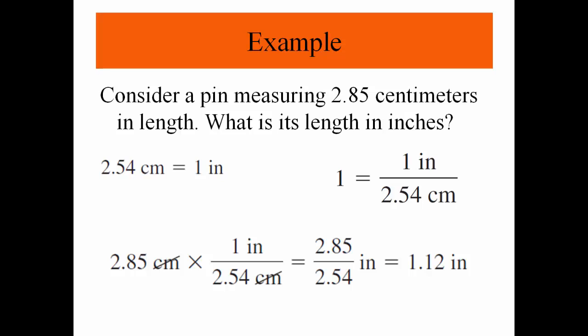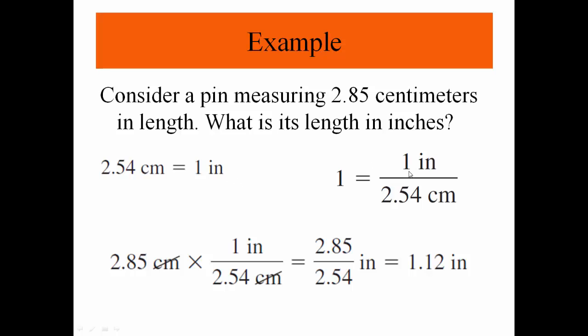Let's have this example. Consider a pin measuring 2.85 centimeters in length. What is the length in inches? So we have this system, 2.54 centimeters, which is equivalent to 1 inch in the English system.